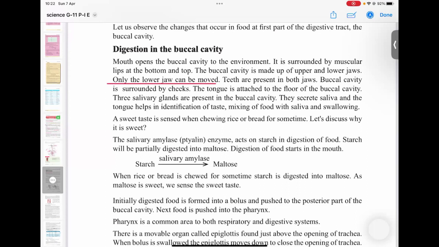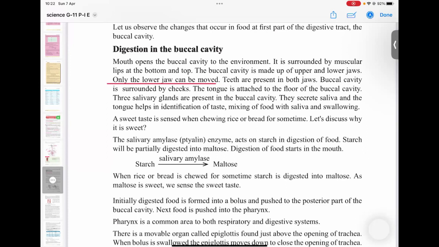These are all helping for mastication. What is mastication? It's like churning and those things. Okay, it's mixing the food with saliva. Now the tongue, you have the tongue also. It's like the floor of the buccal cavity. So you have salivary glands in the buccal cavity itself. There are 3 salivary glands. There are specific names for all the salivary glands, but that's not necessary now.